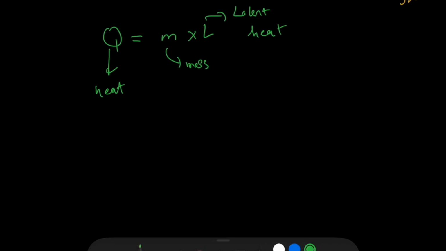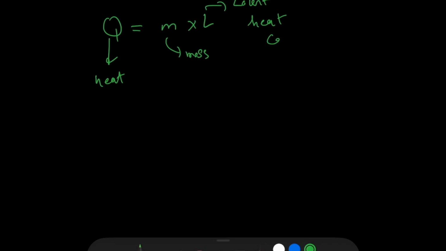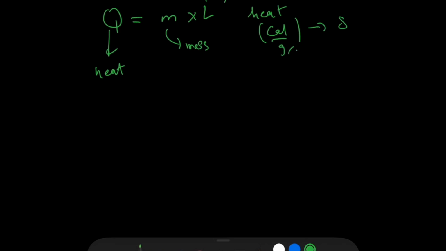The unit for this we can use calorie per gram, and L is 80. This is a constant number.